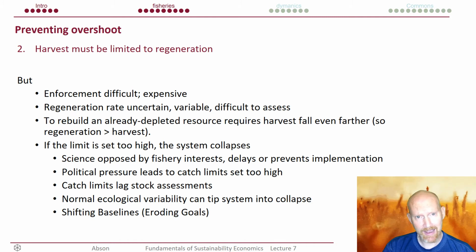How do you stop people going out into the ocean and catching fish? Again, regeneration rates are uncertain, they're variable and they're difficult to assess. And then in order for you to rebuild fish stocks when they've already been depleted, you have to let the harvest fall even more rapidly in order to allow regeneration to occur.